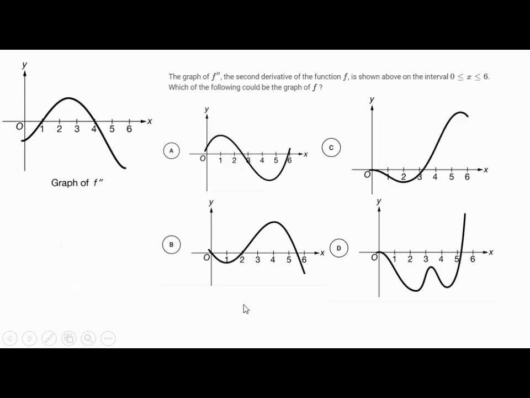All right, the last problem is this one here. It says the graph of f double prime, the second derivative of the function f, is shown above on the interval of 0 to 6. Which of the following could be the graph of f?